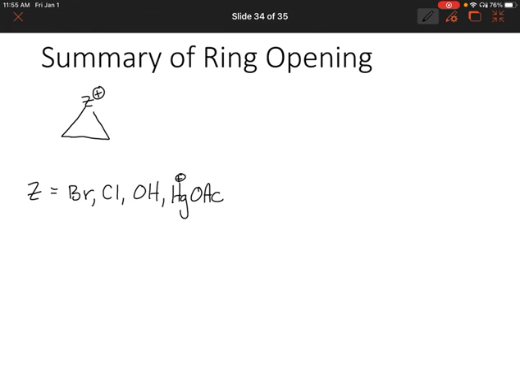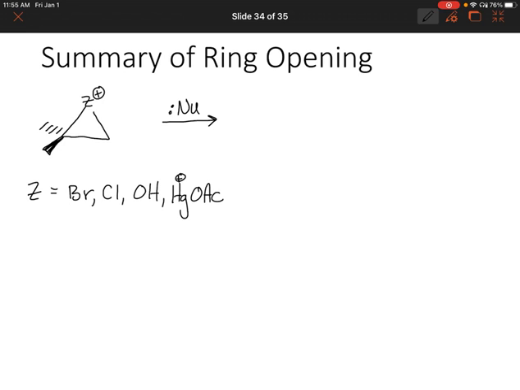All right, and then let's say one side of this ring has a couple of methyl groups. So this is an asymmetric molecule. And then let's say we add some sort of nucleophile. So that could be a water molecule, it could be another bromine, another chlorine, etc. What side does that nucleophile want to attack?